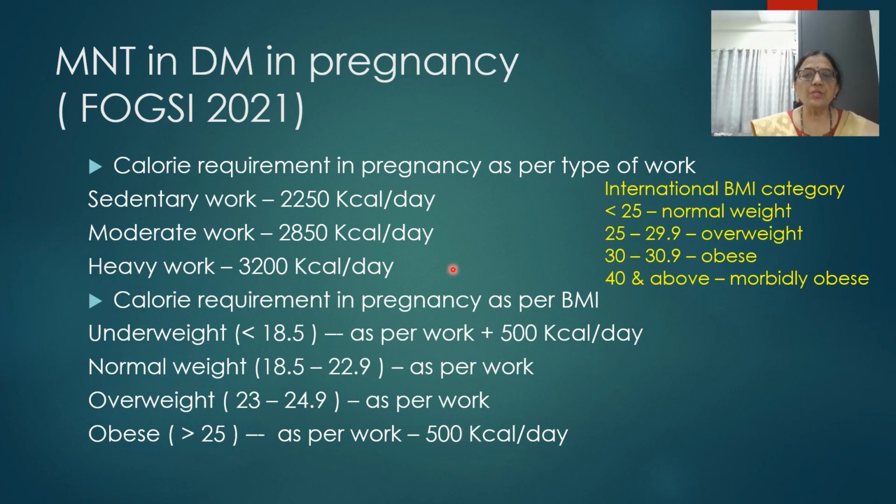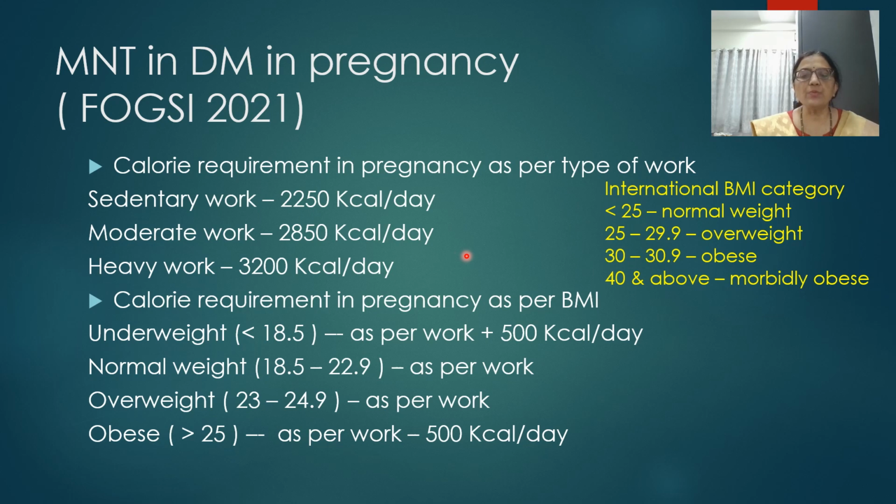Another thing is you see what type of work a woman is doing. So my request to all the obstetricians, to consultants as well as postgraduate students, is: whenever we are sending the patient to the dietitian, don't just send her and say that she has diabetes and give her a diabetic diet. You yourself see what type of work she is doing, what her BMI is, and accordingly you write how many kilocalories per day a woman should be given, and you also give the split of carbohydrate, fat, and protein to the dietitian.